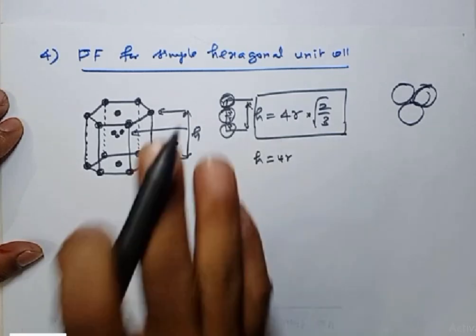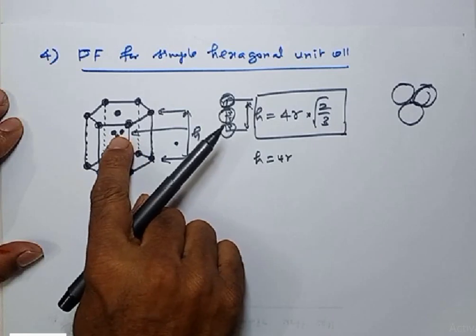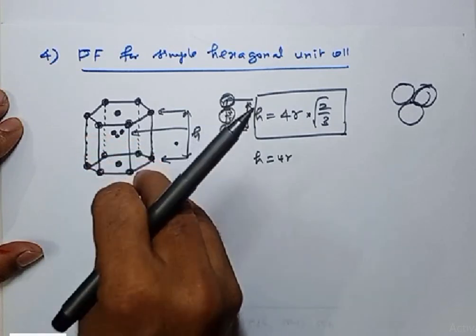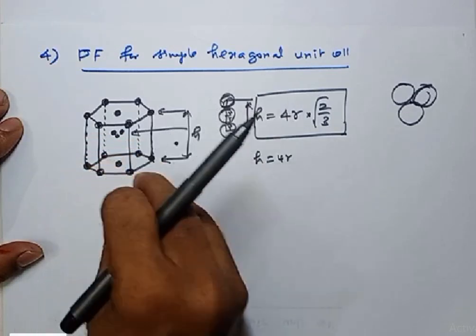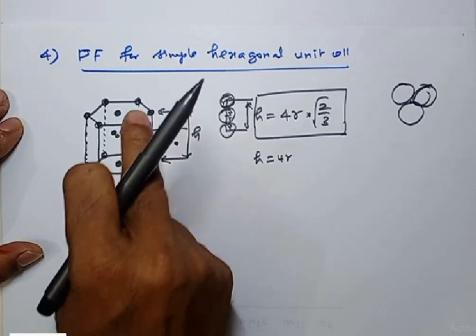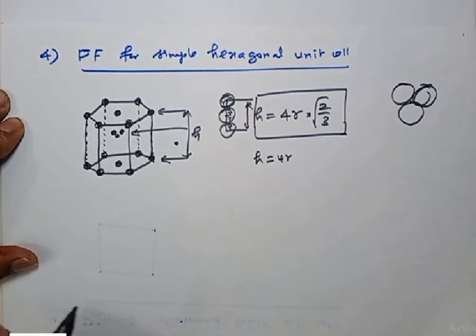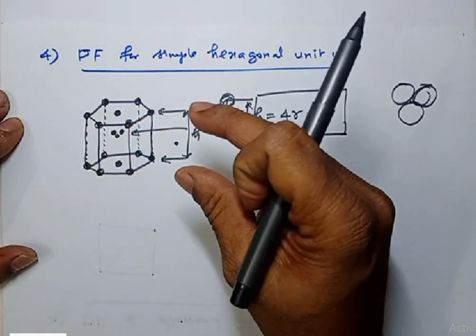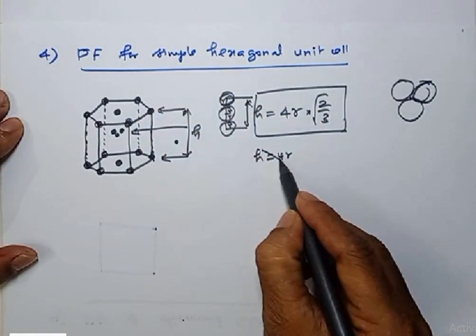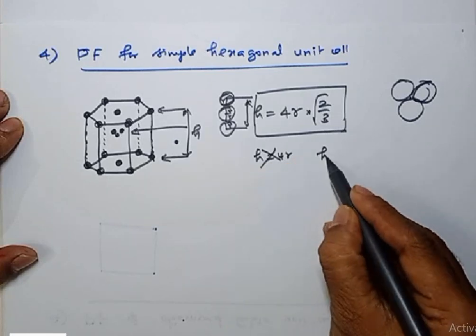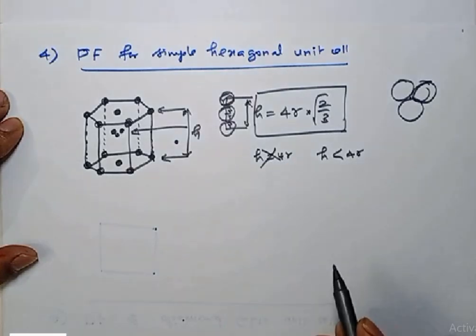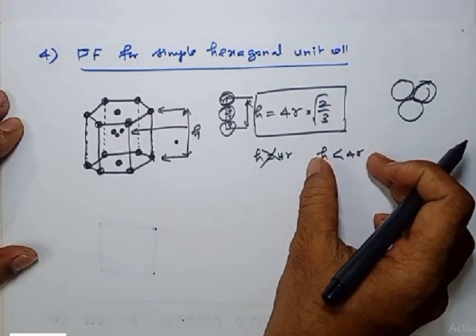But in the actual crystal, the middle layer atoms exist in the depressions of the bottom layer, and the top layer atoms are present in the depressions of the middle layer. Therefore, the height of the unit cell is not equal to 4r. It should be less than 4r. So what is the exact value?